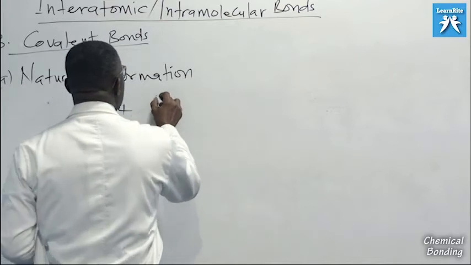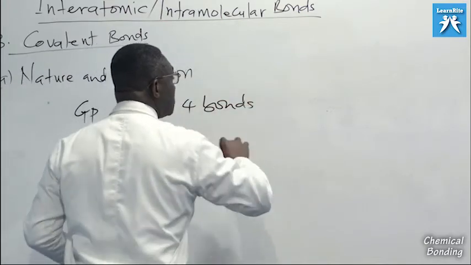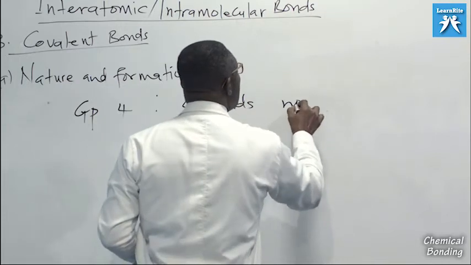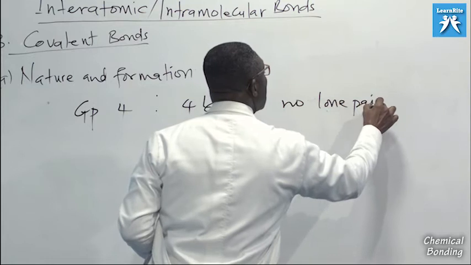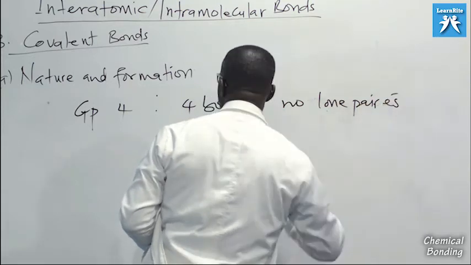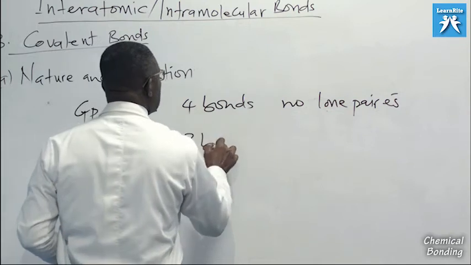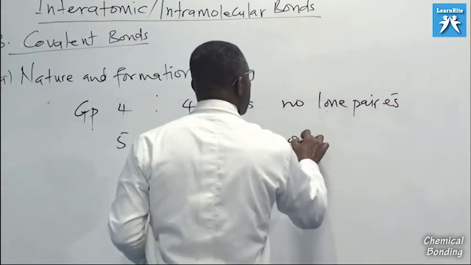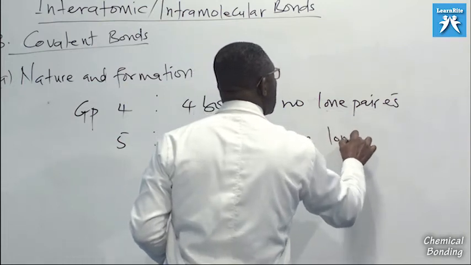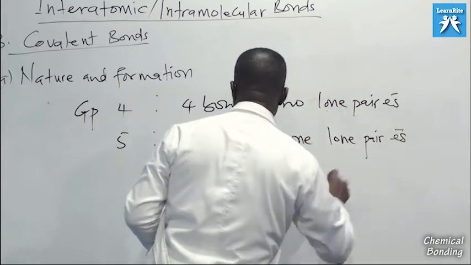Group 4 forms 4 bonds, with no lone pair electrons. Group 5 will form 3 bonds and will have 1 lone pair of electrons.